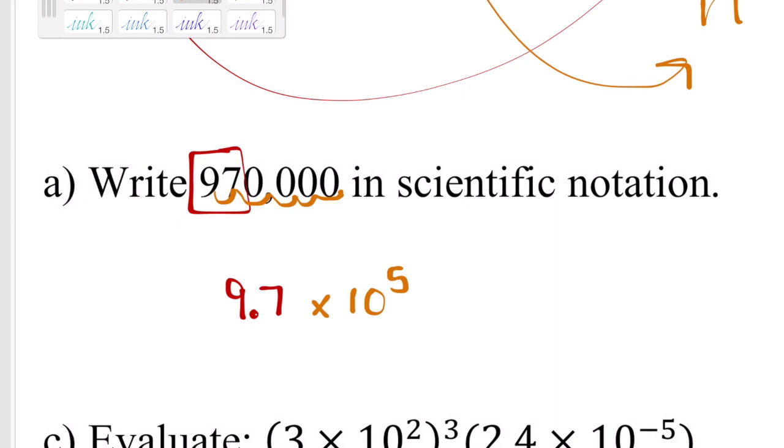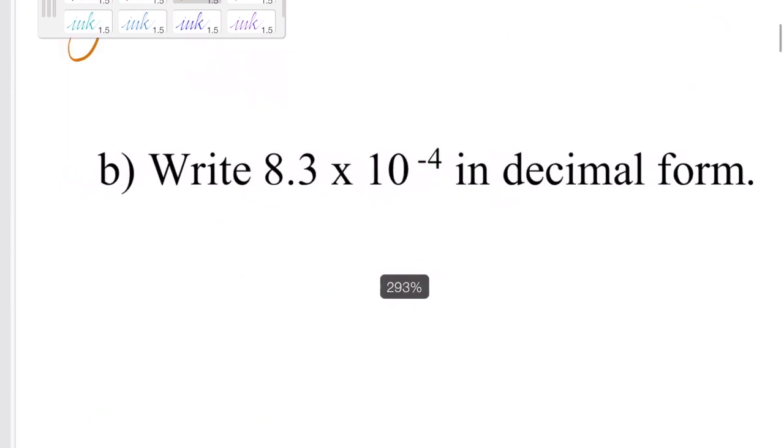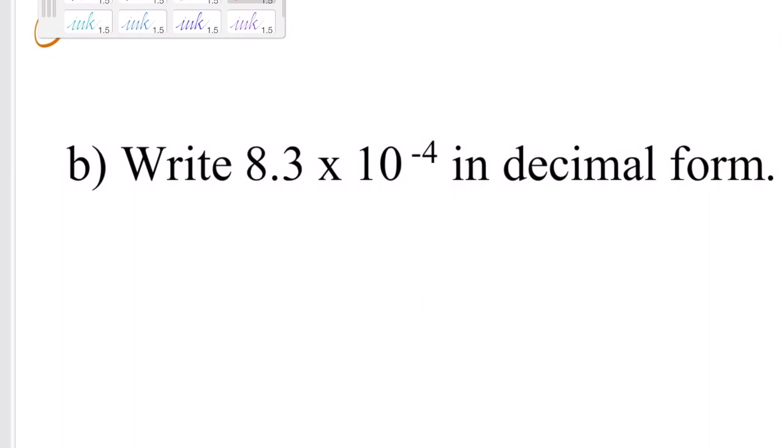So it's always the number of places you move. I like to see it as the number of numbers that I have after my new decimal once I've moved it. It's a little bit easier for me to just count numbers than it is for me to do the bunny hops.